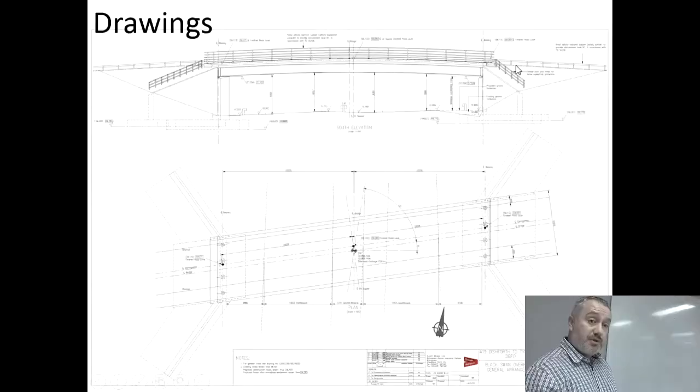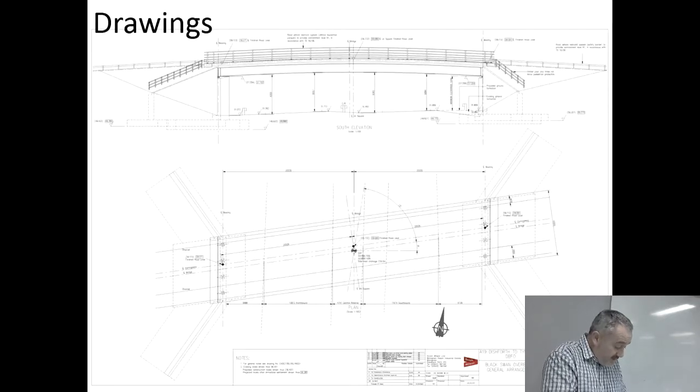But things you've got to take consideration of is the approach gradient. Then you've got the height to get something under. Does anyone know what the height is? Minimum? About 6.3. Well, it depends on the authority. Like here, we can have 5.3.